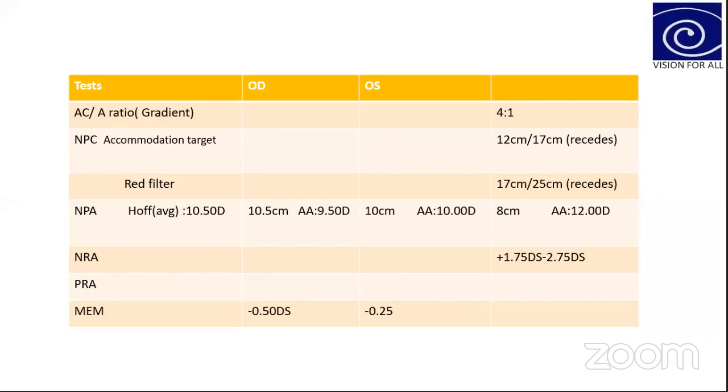The near point of accommodation was plus 1.5 diopter spherical, and PRA was -2.75 diopter spherical. MEM shows a lead of accommodation in both eyes.